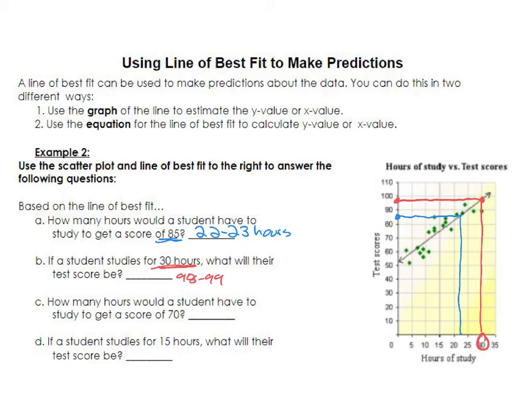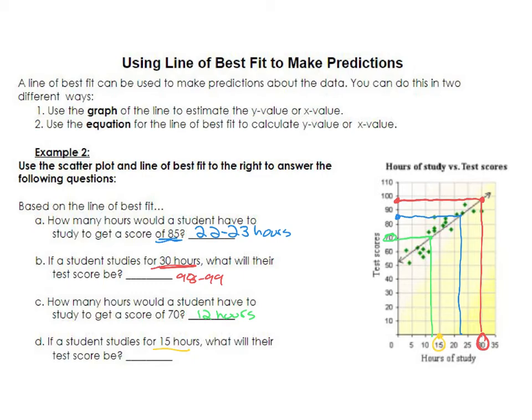How many hours would a student have to study to get a score of 70? Again, where is that going to trace to on our graph? Somewhere about there. Trace that down. I'd say that's probably about 12 hours. And then our last one is asking for 15 hours.